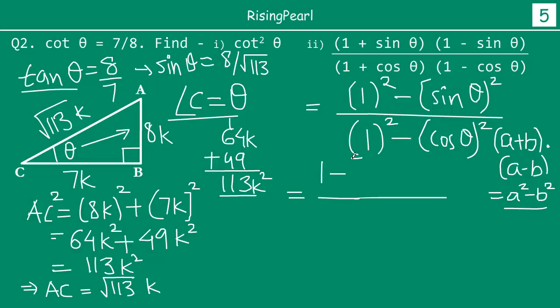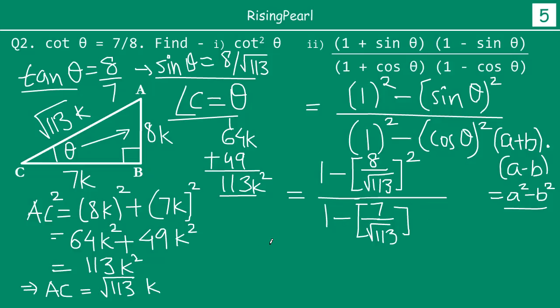So I have to put that value here. It will be 8 by square root of 113. And I have it as square. And denominator 1 minus what is cos square? Cos theta. So if sine theta is this, cos theta will be 7 by square root of 113.